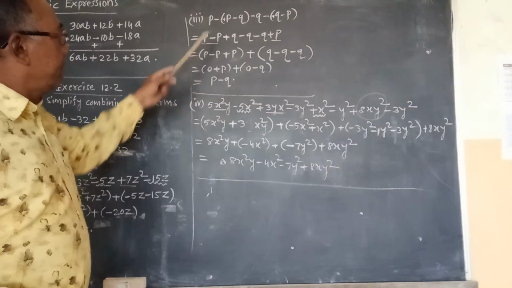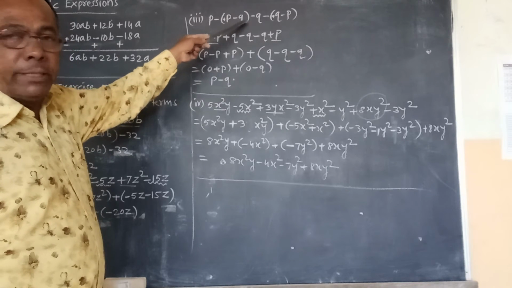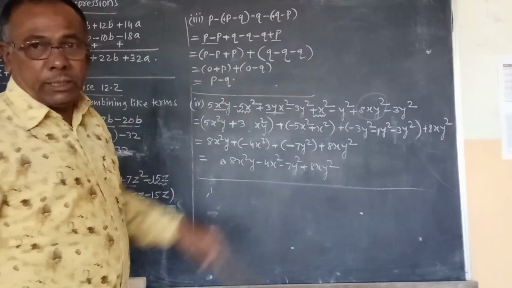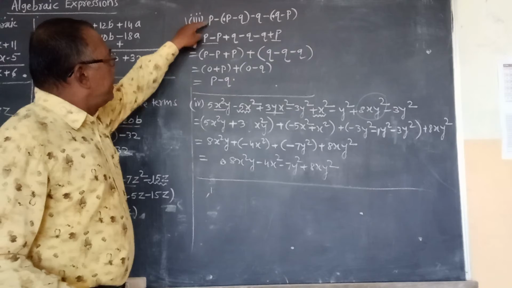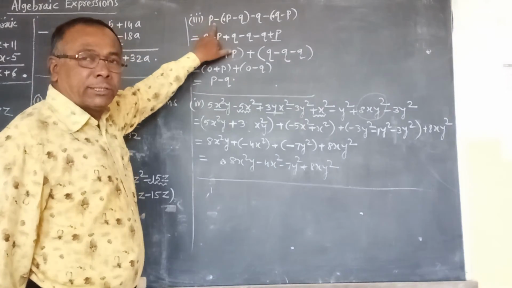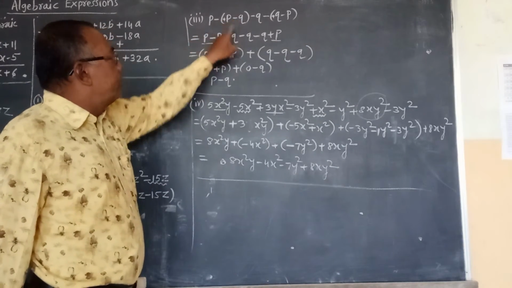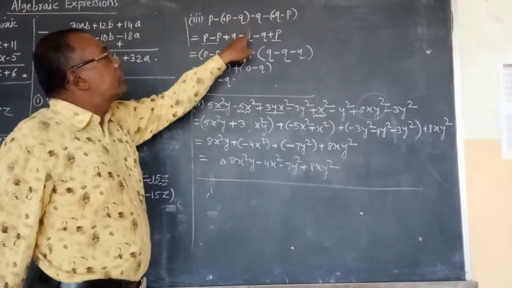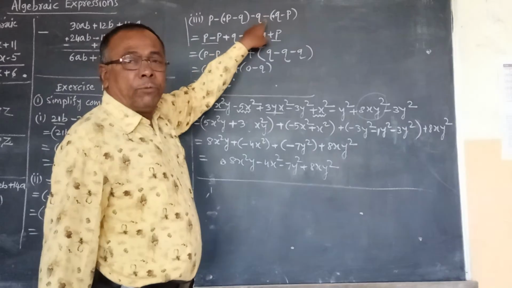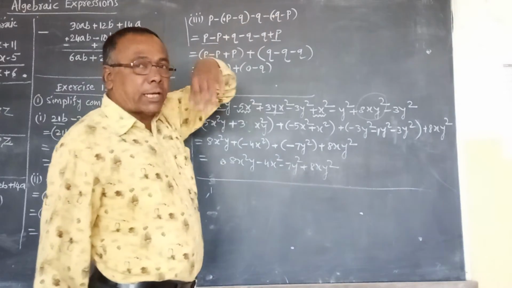Here p minus bracket p minus q, bracket complete, minus q minus bracket q minus p. Here p as it is, but before the first bracket there is a minus sign, so the inner signs will get changed. So plus q will become minus q, minus q will become plus q, minus q as it is. Here again before the second bracket a minus sign is there, so the inner signs will get changed.